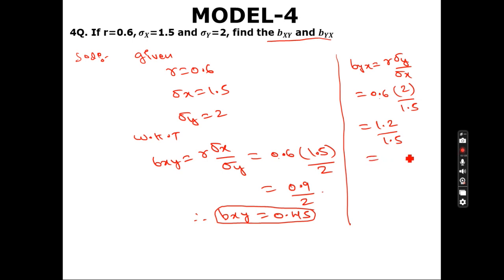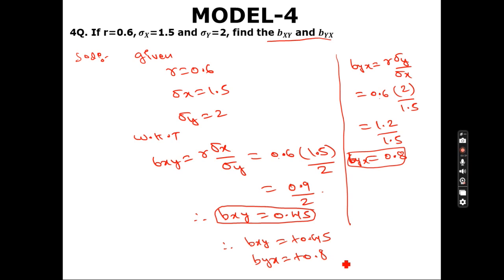This you get as 0.8. So this is the byx answer. Therefore you write, bxy is equal to plus 0.45, and the signs are very important, and byx is equal to plus 0.8. So this is one more short answer.